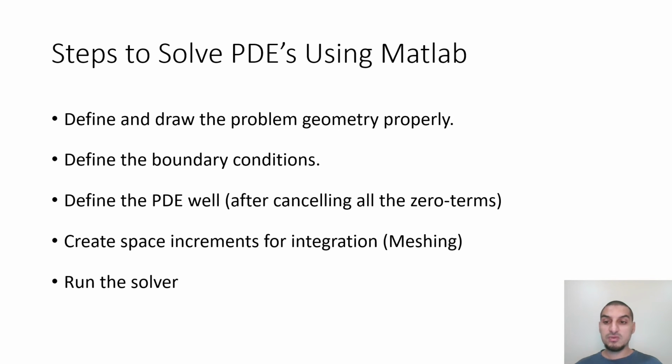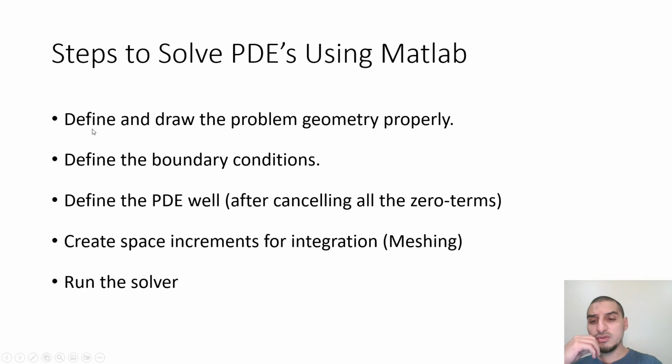Now, if I want to use this partial differential equation toolbox, you have to follow these steps. First, define and draw the problem geometry. You have to set the geometry clearly and define the dimensions and what the shape looks like, whether it's a tube, a cylinder, a sphere, whatever the shape is.